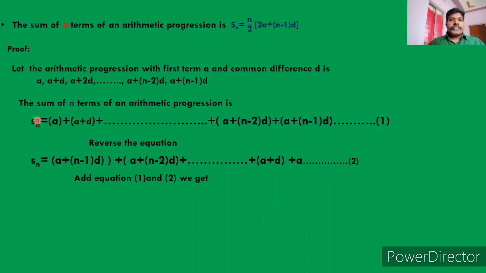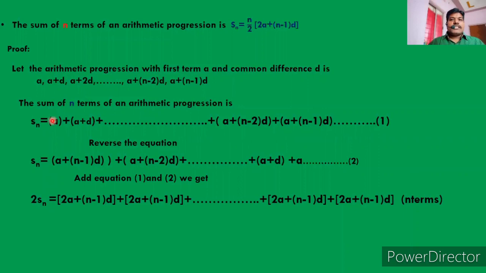So what happens? Sn plus Sn becomes 2Sn. Similarly, I am adding the first term a and the term a plus n minus 1 into d. A plus a becomes 2a, so we get 2a plus n minus 1 into d.